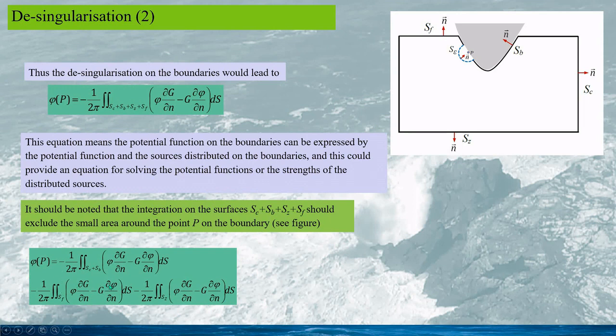This term is the integration on the free surface, and this term is the integration on the seabed. In the next 2 slides, we will see what we can get for the integration on the free surface and on the seabed because of the special Green function.